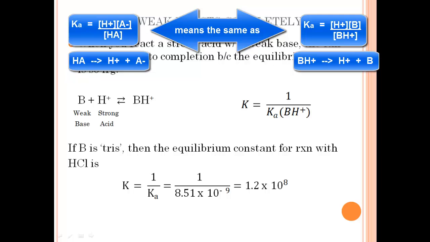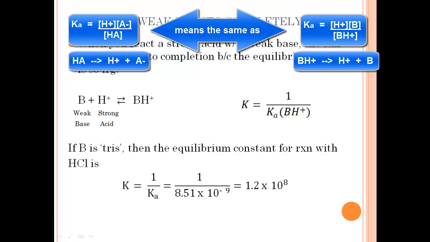But remember what I said. This reaction goes to completion. So there is no B and there is no H+ left, so there is no concentration of those species. That's why they've removed it. They've basically deleted it from the K expression because there's none left. Everything has been turned into BH+.